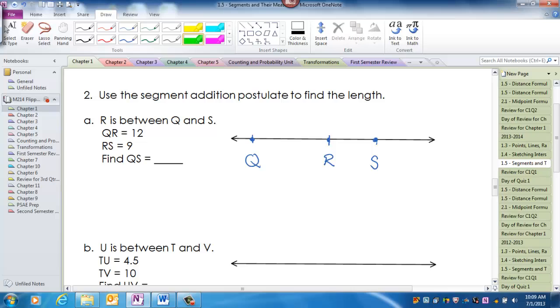Okay, and then it says that the measure from Q to R is 12 units long. So this is 12. And then the measure from R to S is 9 units long. It helps to write the numbers on the diagram. And now you want to find how far is it from Q all the way to S. Well, you can do that by adding the 12 plus the 9, so the distance from Q to S is 21.